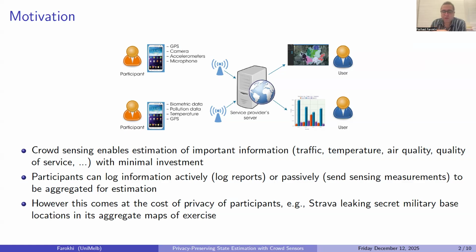Examples of this are again quite a lot. One interesting international example was when Strava, this app that's used for tracking exercises, cycling and running and so forth, generated this aggregate map of its users across the globe, and that resulted in leakage of some important military information from the US, which was quite embarrassing for the service provider.